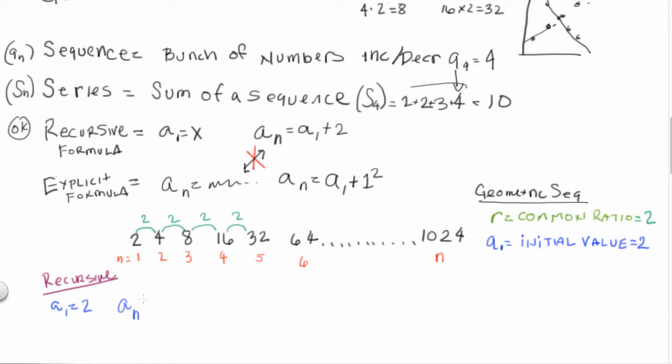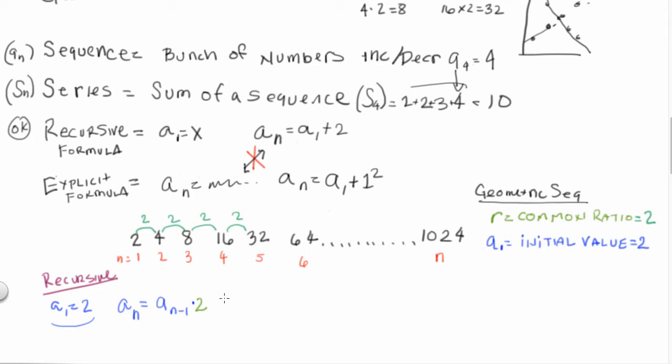So our second formula, this is our first formula. Our second formula is going to be a to the n, and it equals a to the n minus 1 times the common ratio, which in this case is 2.